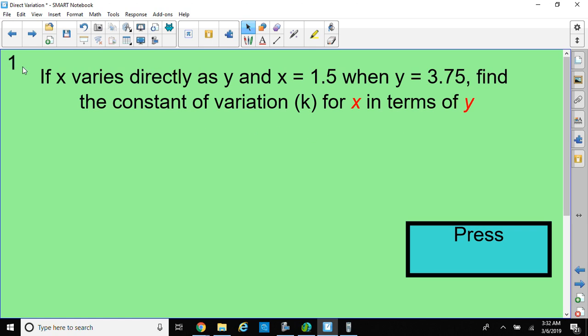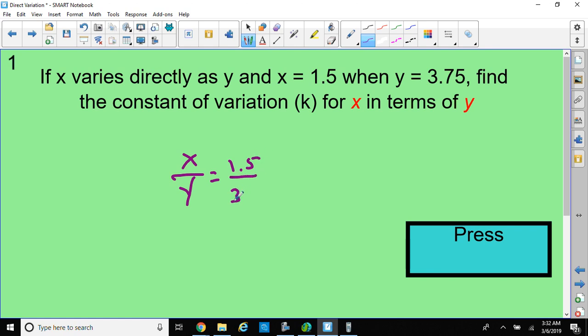So let's get a pen and get to it. And well, looks like we'll need a calculator as well. So x came first, y came second. So 1.5 is going to be over 3.75. And that's going to equal our k value. So let's get our calculator and deal with that.